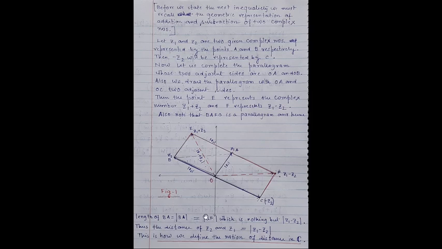So the distance of Z2 and Z1 is nothing but this distance, which is the modulus of Z1 minus Z2. So the distance between the two given complex numbers Z1 and Z2 is given by mod of Z1 minus Z2.